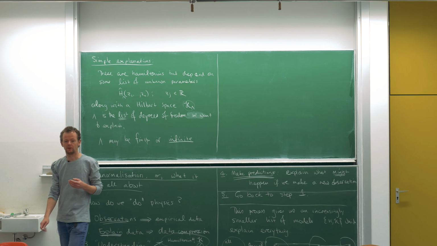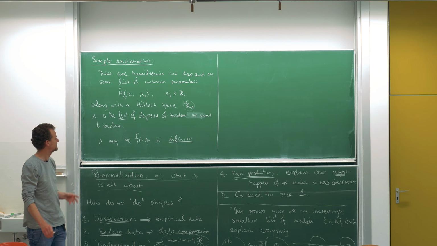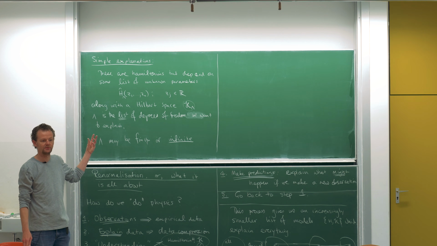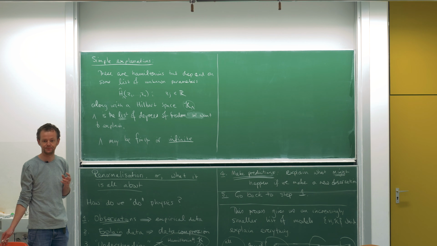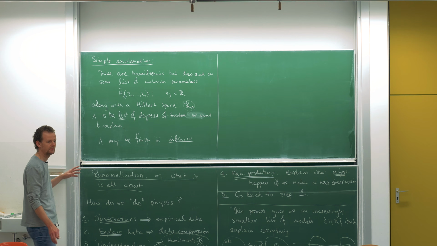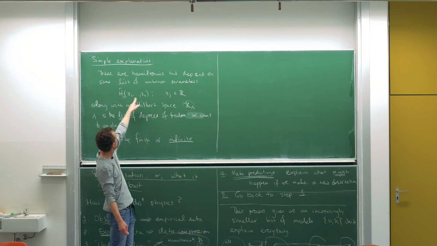This is the beauty of physics, right? We can actually, with a model like this, explain an infinite list of degrees of freedom with a finite number of parameters. That's possible, if we have a good enough model.